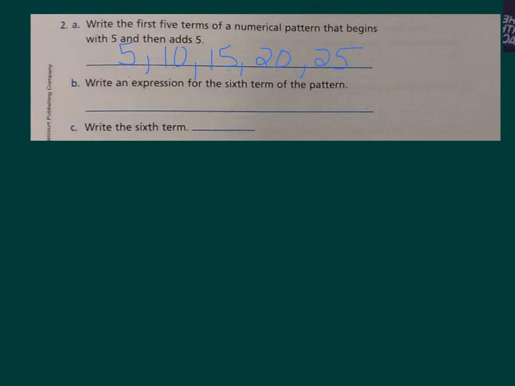So the first term, the expression, would just be 5. The second term, the expression would have been 5 plus 5, or we'd think of 5 plus 1 times 5. The third term, we could think of 5 plus 5 plus 5, so 5 represents the first term.